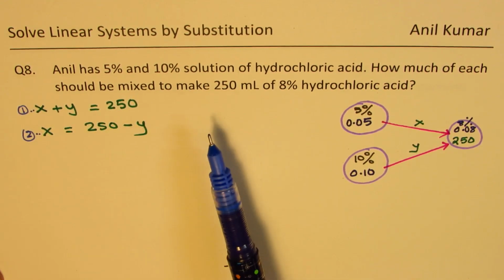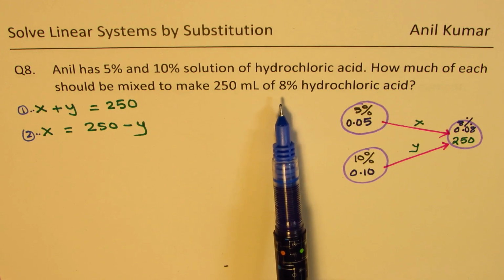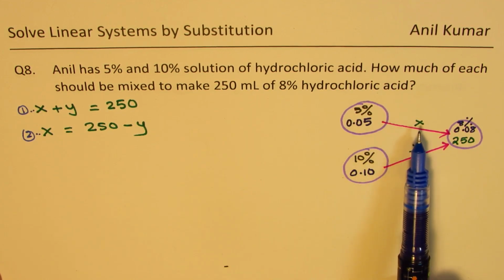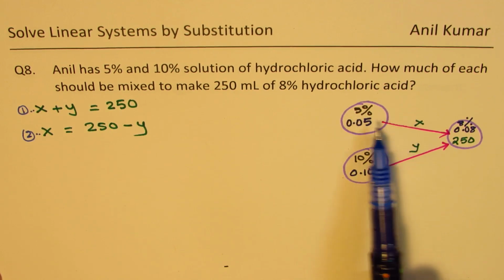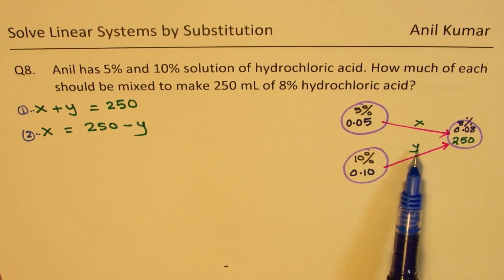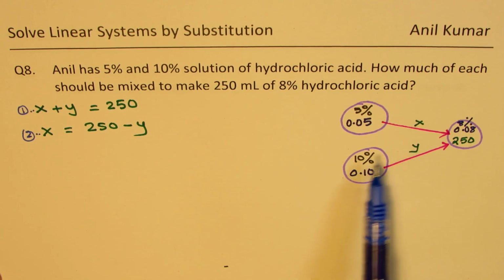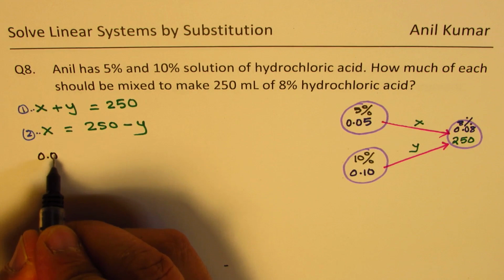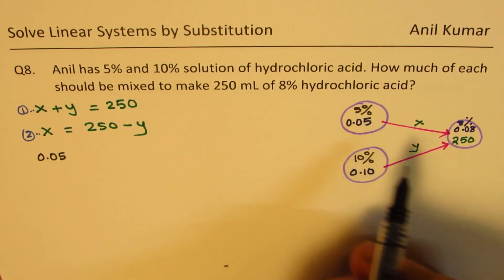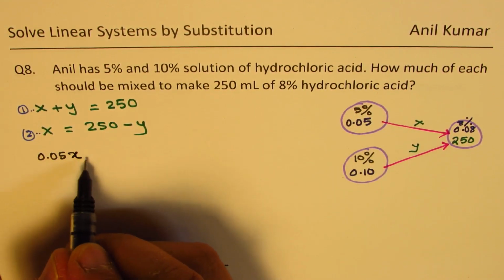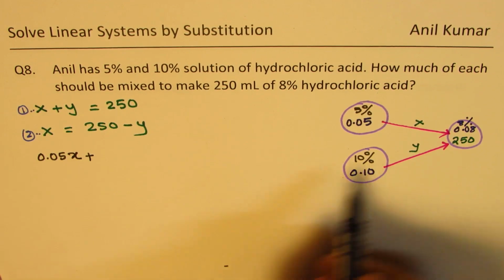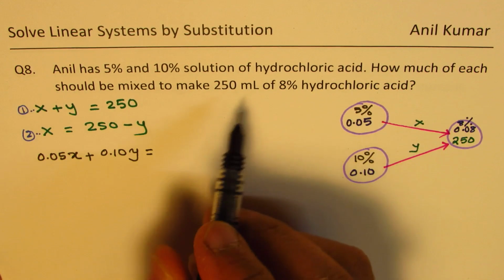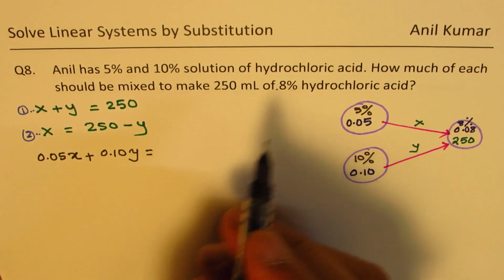Now let's look into the concentration part of it, right? So when we say x milliliters of 5% hydrochloric acid is added with y milliliters of 10%, we get the equation as 0.05, which is the percentage, and x the amount, add them up, to 0.10 of y to get 250 milliliters of 8%.